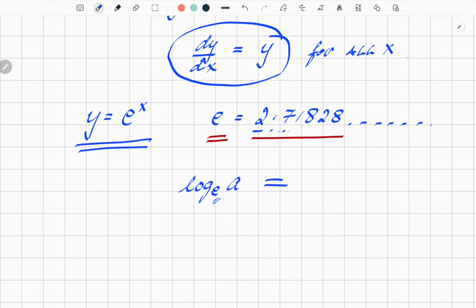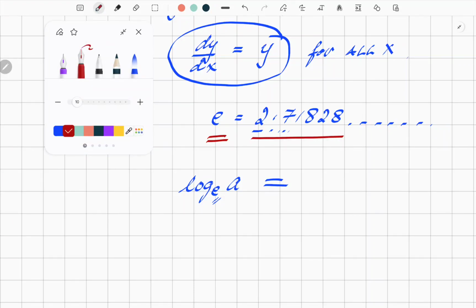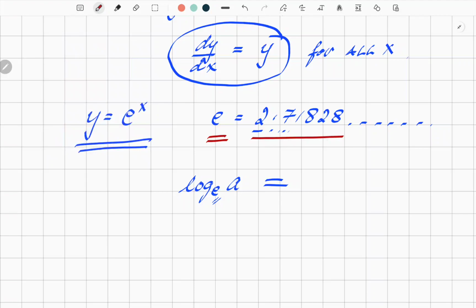It's written as ln a, the natural log of a. So in other words, the exponent of e that would result in a. Does that make sense?